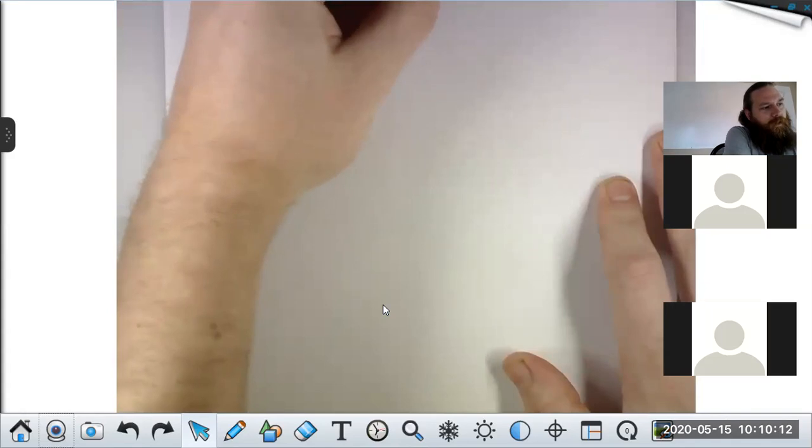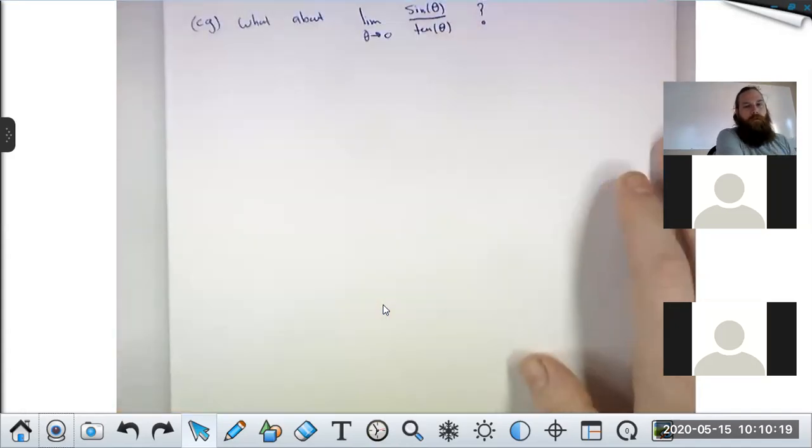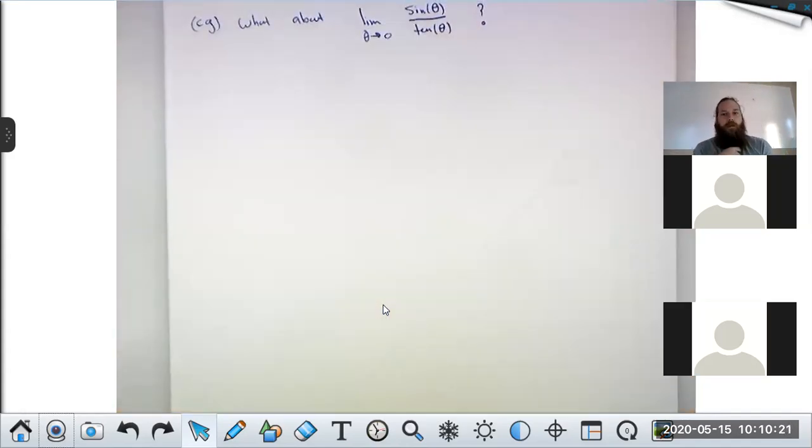What if I just had sine theta over tan theta? I could do the same thing, of course. I could build a table for this.